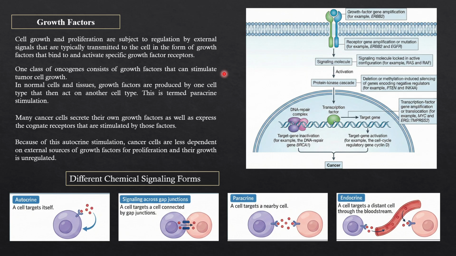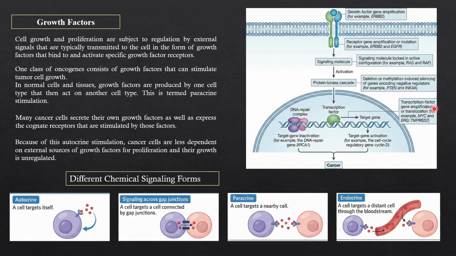So basically, growth factors result in gene amplification or mutation, for example ERBB2 and EGFR, and this results in signaling molecule activation and activation of the protein kinase cascade. As a result, the transcription factors and the DNA repair complex act on the target gene.